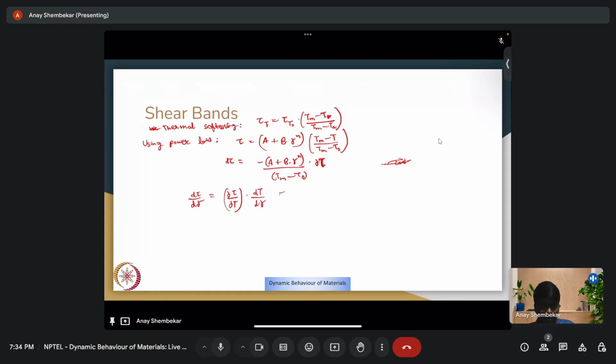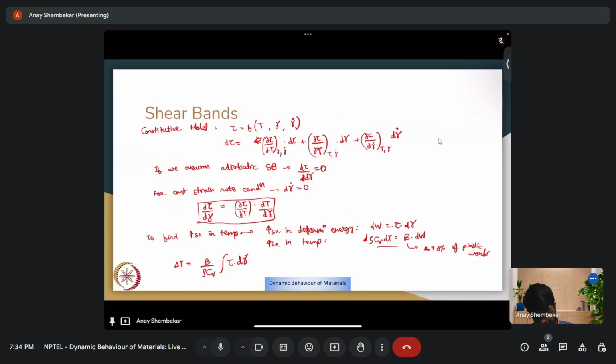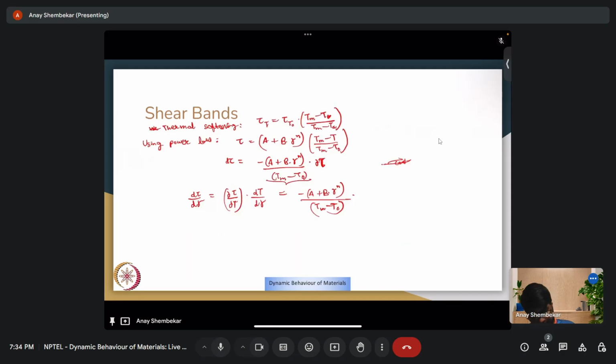Dou tau by dou T is basically this expression: minus of (A plus B gamma raised to n) upon (Tm minus T naught). dT by d gamma comes from there: beta by rho Cv times (A plus B gamma raised to n).